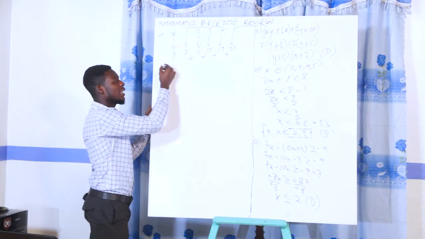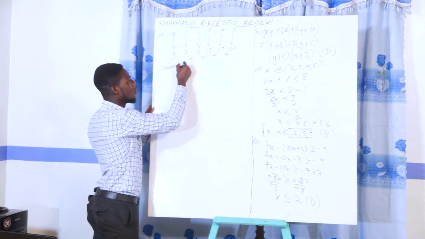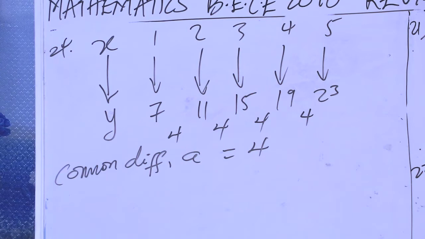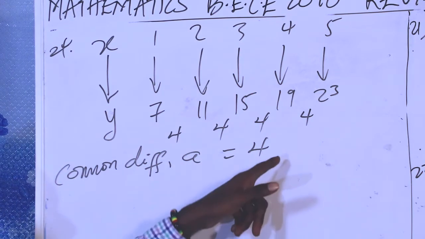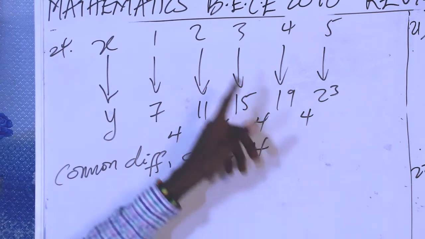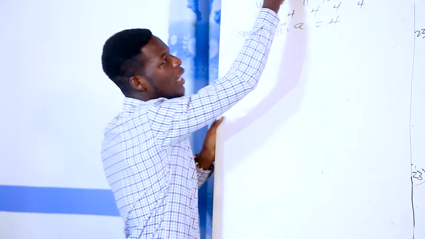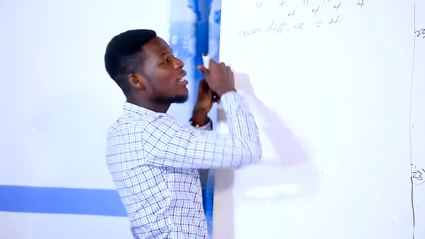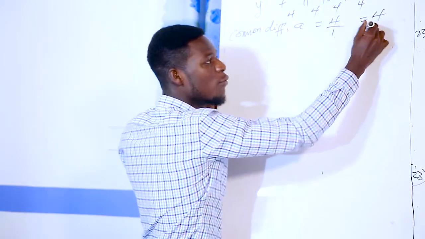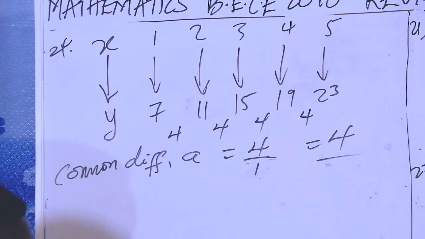Common difference is represented by the symbol a. So a is 4. The common difference is the common difference in the codomain divided by the common difference in the domain. But the domain is 1, 2, 3, 4, 5, which means the common difference is 1. So 4 over 1, which will still give you 4. So a is 4.